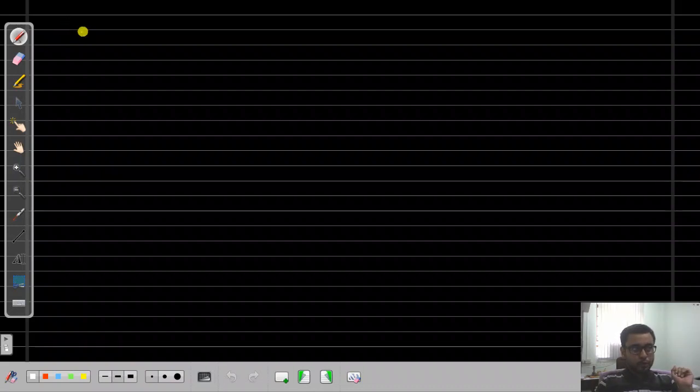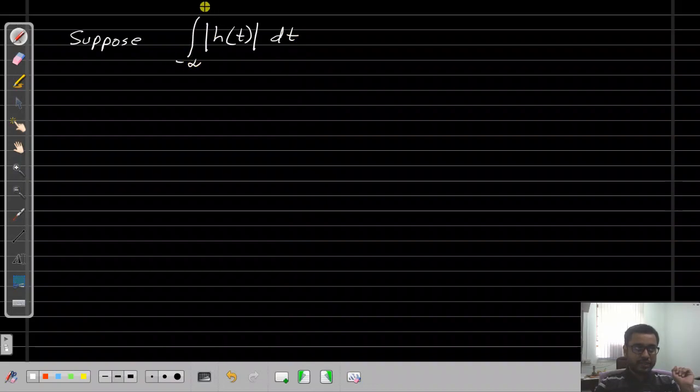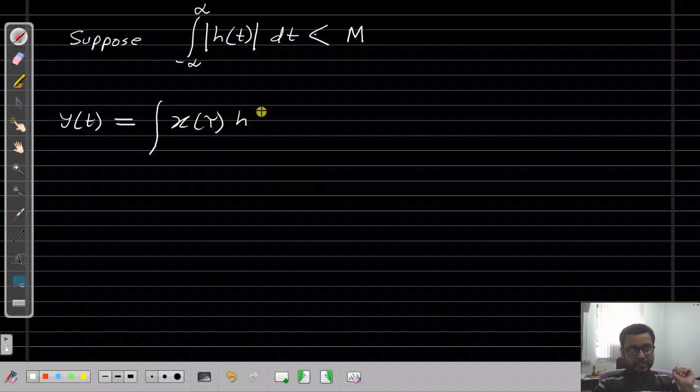Okay, so suppose it is true that the integration of mod h(t) over time t equal to minus infinity to infinity is less than a number M. Then the output y(t) at any time can be written as the convolution of x(t) and h(t minus tau) d tau, tau running from minus infinity to plus infinity.